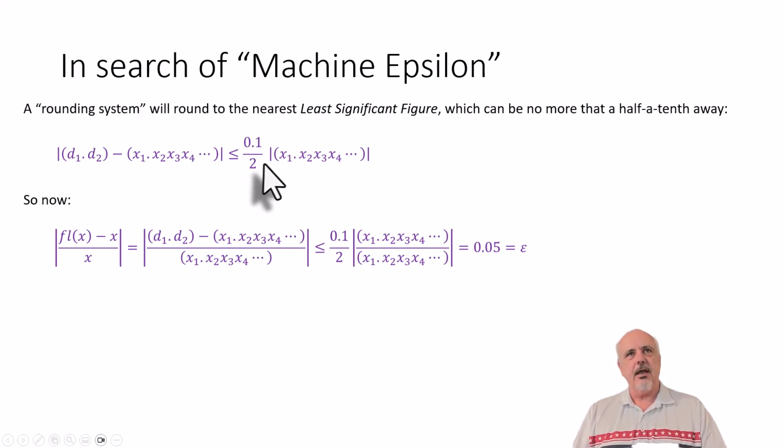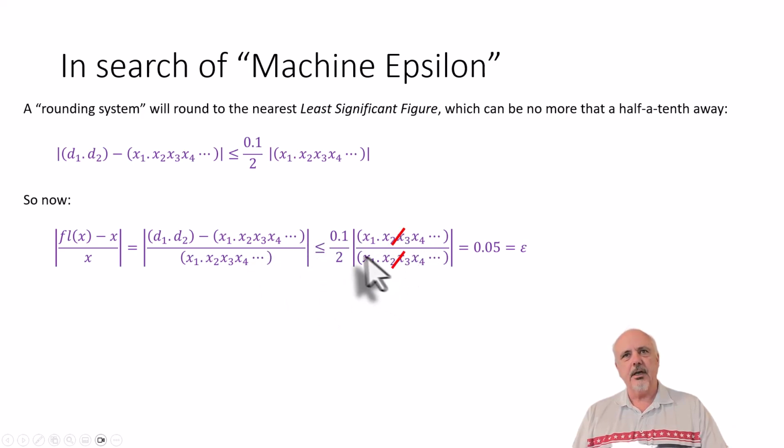That's all you can have of the value. So I substitute it in right here to get the relative error. I take that numerator and plug in 0.1 divided by 2 times that, and I'm dividing by the true value.